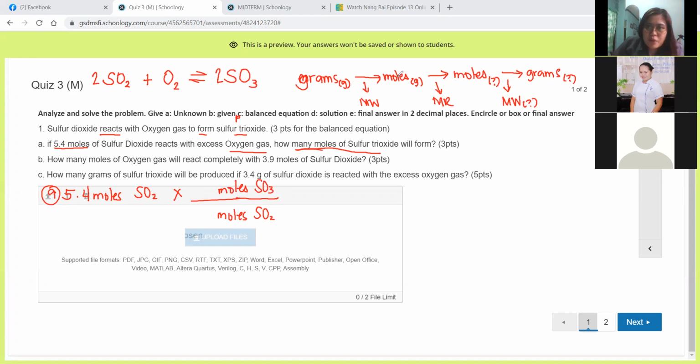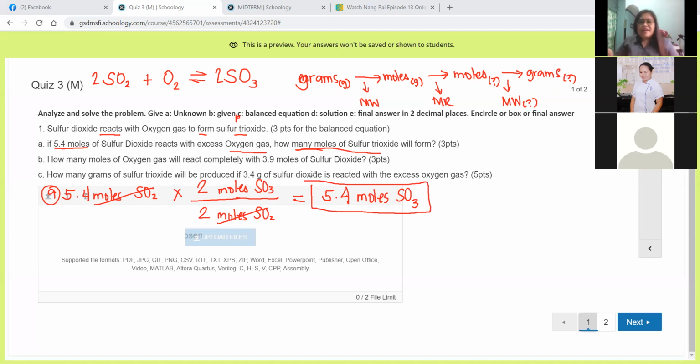Again, if you want to compute for the moles of the unknown, you just need the mole ratio. For the mole ratio, 2 moles of sulfur dioxide will yield 2 moles of sulfur trioxide. So cancel, the answer here is still 5.4 moles of sulfur trioxide.